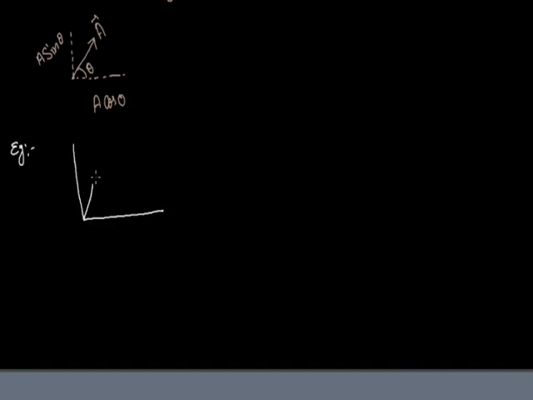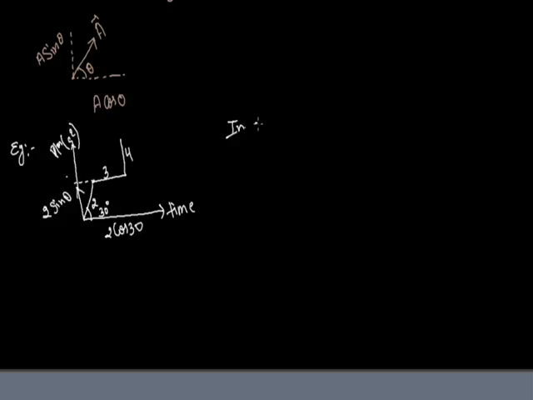Example: 2, 3, 4. The magnitude of this is 2 and the angle is 30 degree. This is time and this is velocity, acceleration per second square. Then this is 2 cos 30 and this is 2 sin 30.